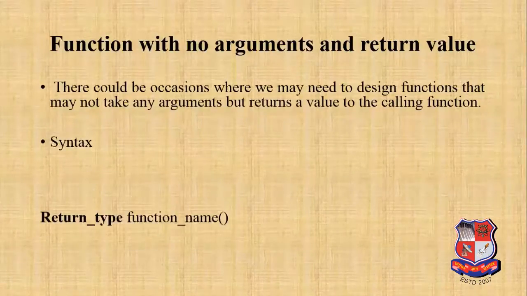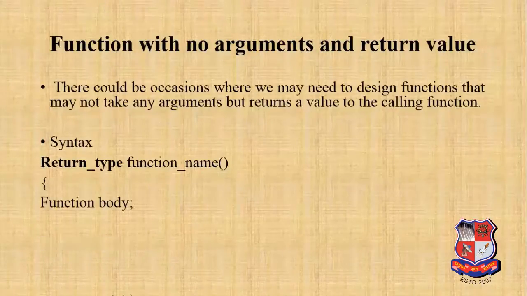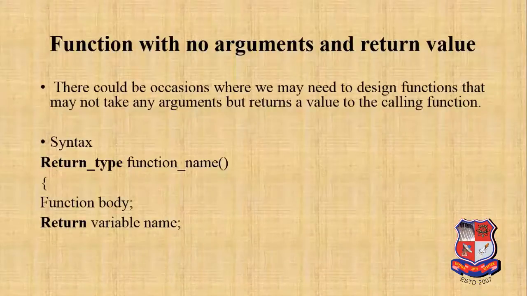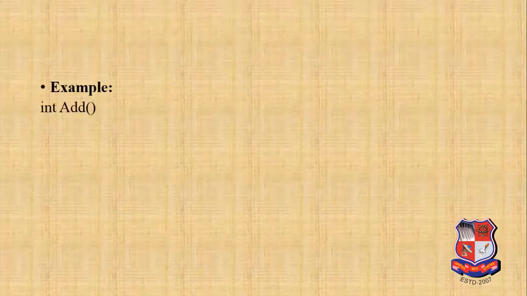For example, let's take the syntax first. We write return type here, followed by function name, then function's body, and we will use return keyword and the variable name which will return the value. For example, I have taken an example in which I have used integer as return type and add as function name.